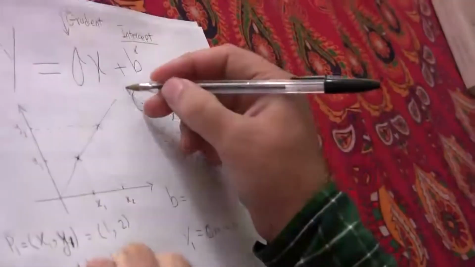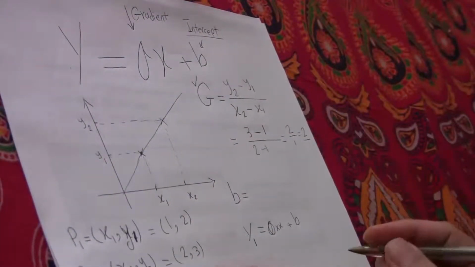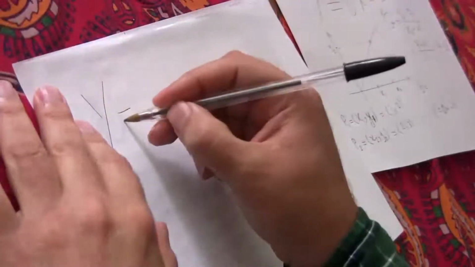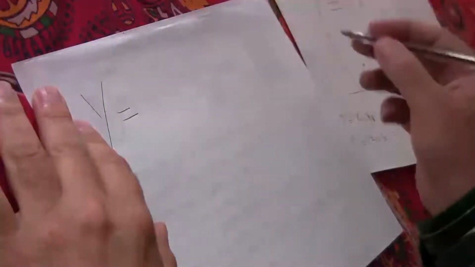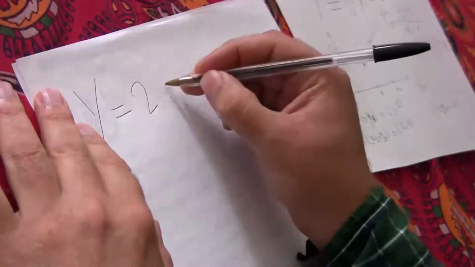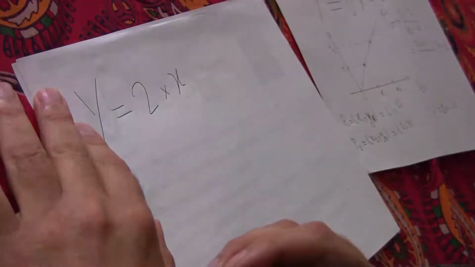The gradient is 2. So far today we found out how we can find the gradient and intercept. In this case our line equals y equals, we found the gradient is 2, multiplied by x, right?